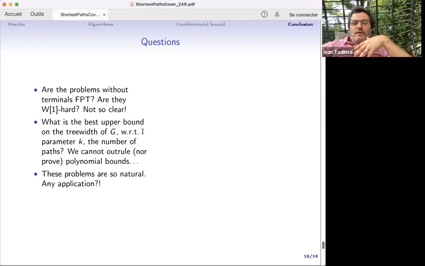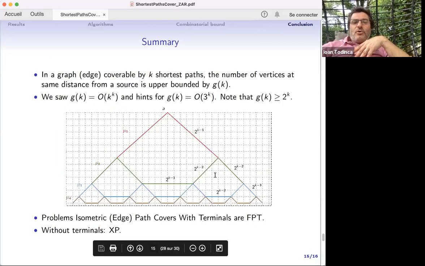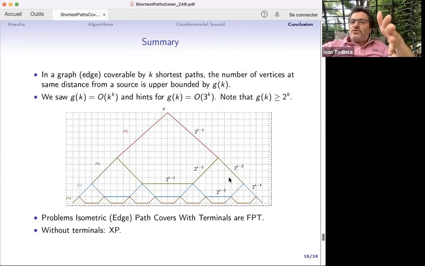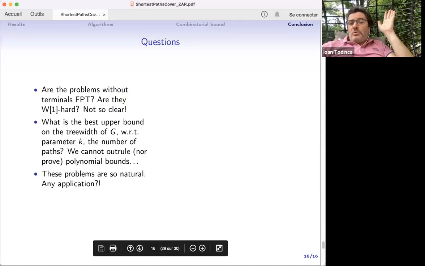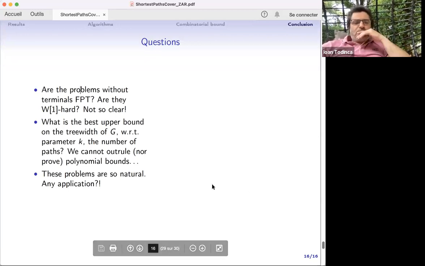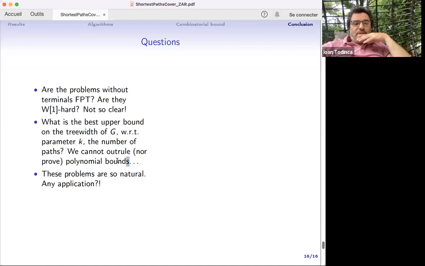I gave here an example, and I said, okay, if you do a BFS, then you get exponentially many vertices at the same distance, but you can retrieve another tree decomposition, even a path decomposition, which is of width k. We only have examples which are quadratic in k. Okay, we didn't dig too hard, but I would rather bet on polynomial bounds.